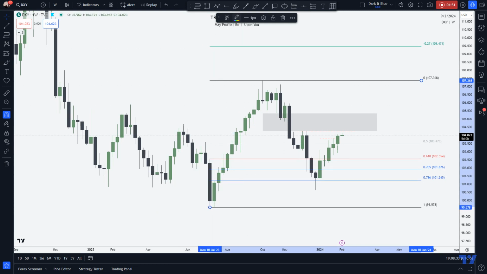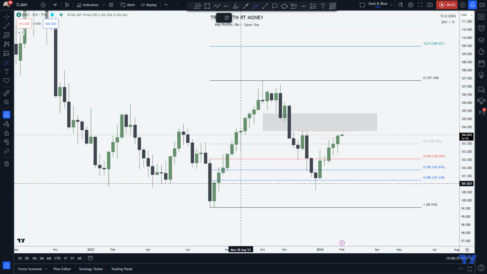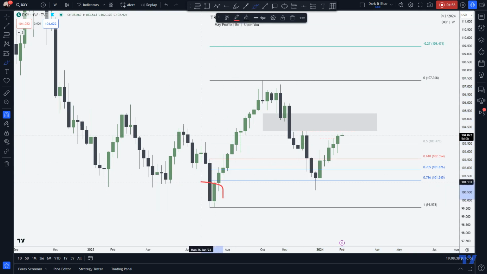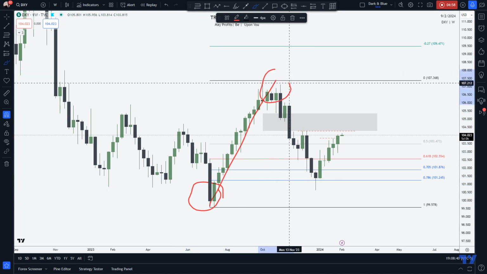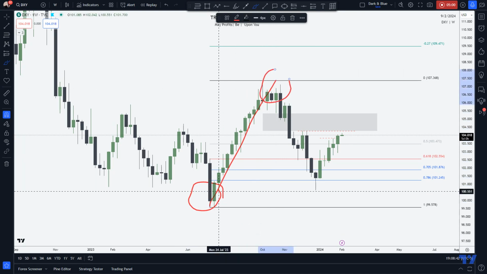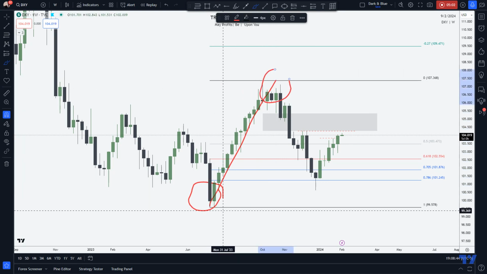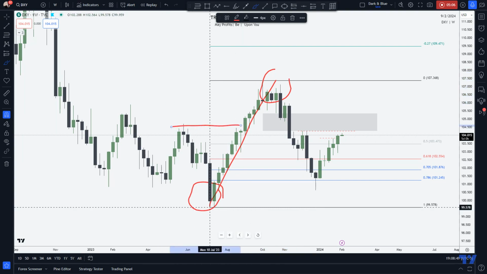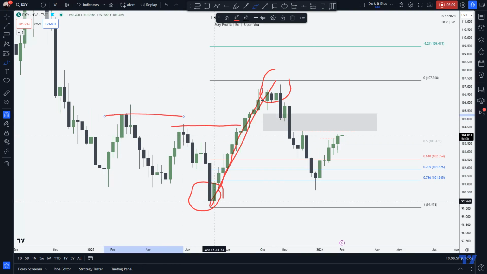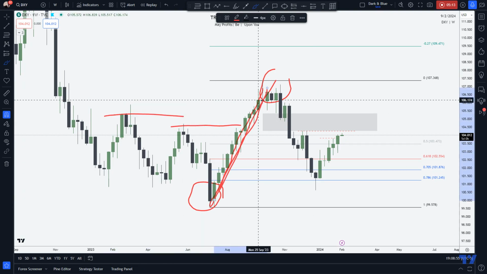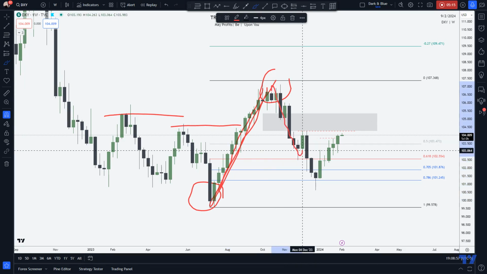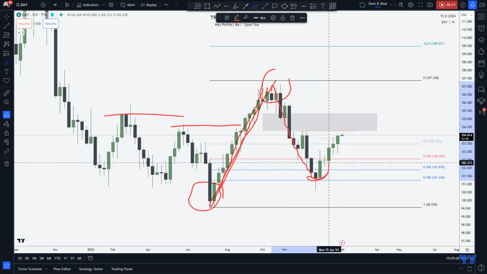The strong low, and you've heard me mention this in my videos before, the only purpose of a low is to make a new high. When it fails to do so, it becomes a liquidity target. When it breaks structure and makes a higher high, naturally you're expecting it to make a higher low, and that ends up being an optimal trade entry.